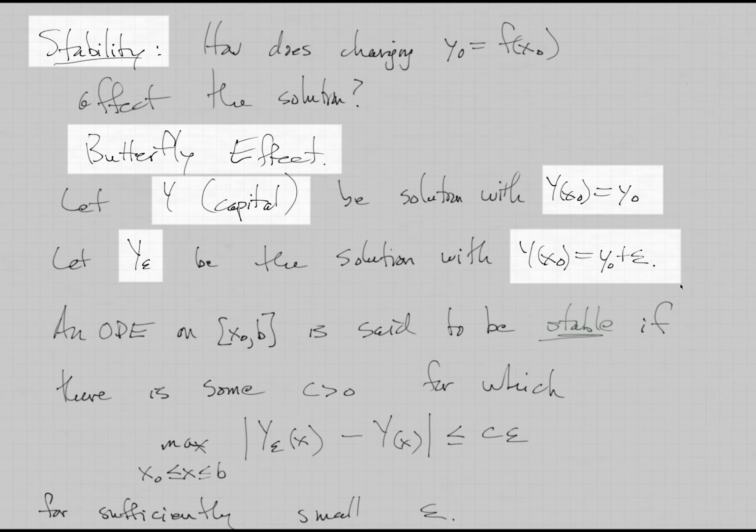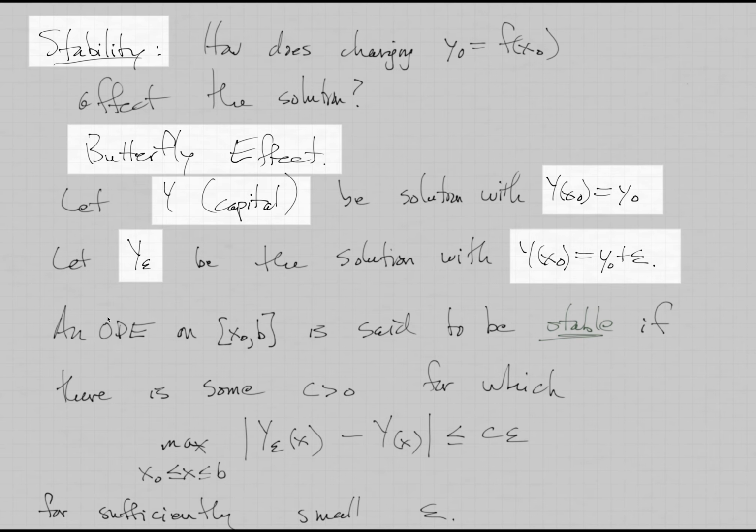So we just tweaked the initial value of the function a little bit, and we want to know what possible effect that could have on the evolution of the function for other x values that come later. By the way, I often think of the x value as being time in this case, so you can think of the function y developing over time. Not always the case in applications, but it seems like a convenient way to think about it.